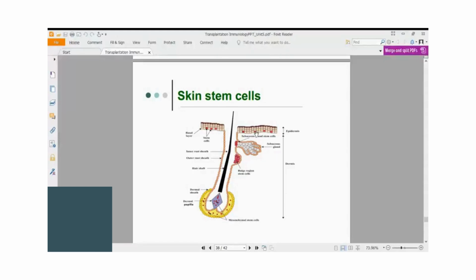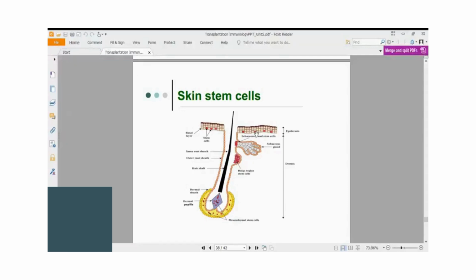Now coming to the example of artificial skin. It is a technology now patented by Germany, and the German author who patented this technology also got the Nobel Prize for that.